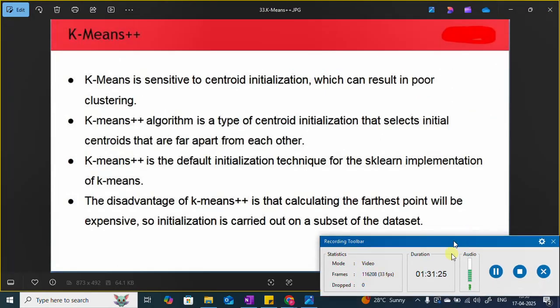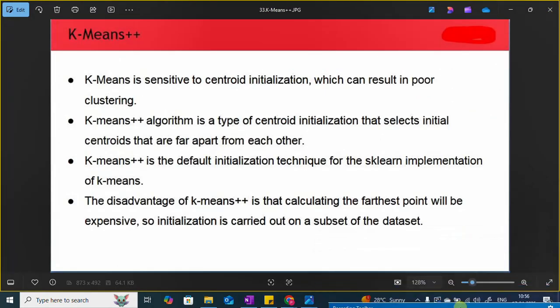I told you K-means plus plus is kind of like an elder brother or elder sister of K-means. There are a few disadvantages in K-means which we overcome by using K-means plus plus. K-means is sensitive to centroid initialization, which can result in poor clustering. The K-means plus plus algorithm is a type of centroid initialization that selects initial centroids that are far apart from each other.